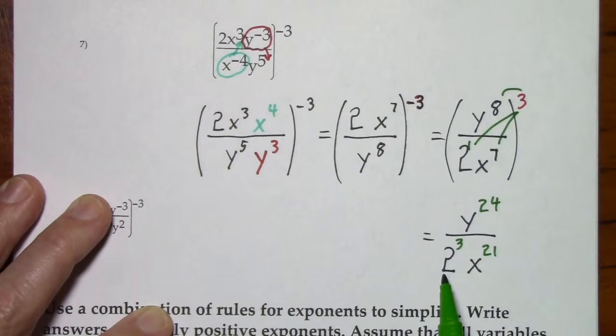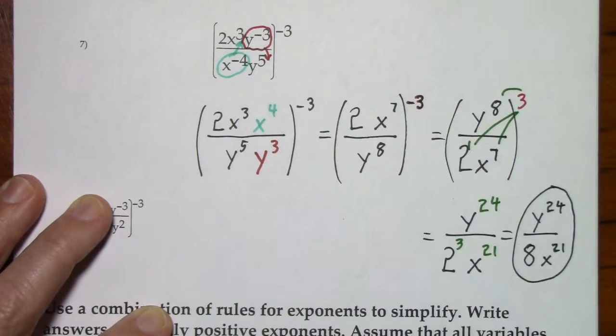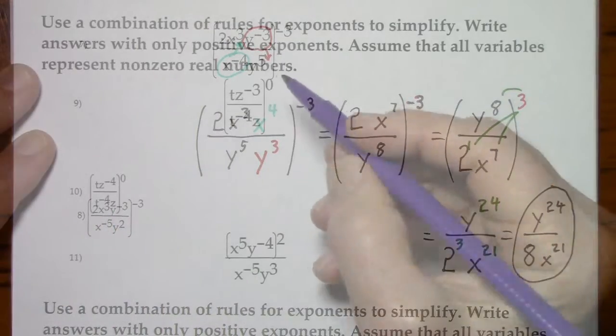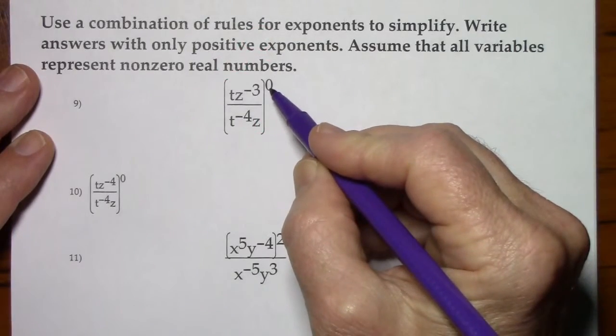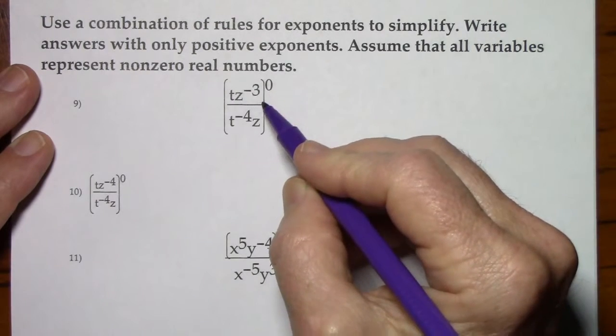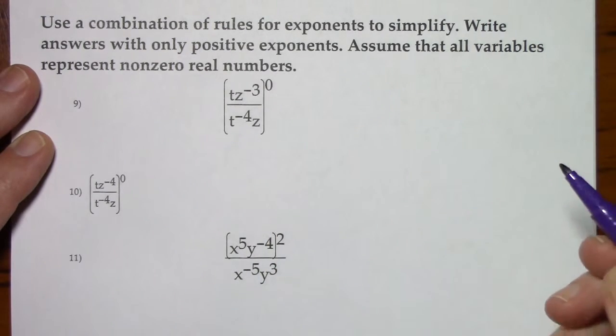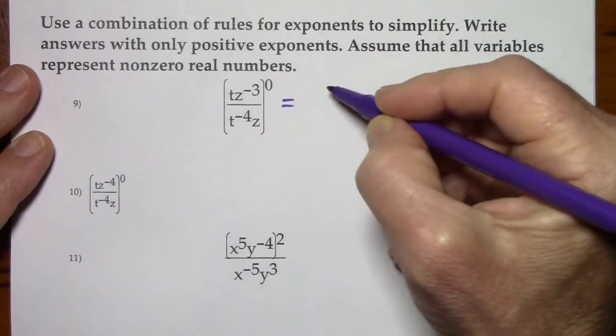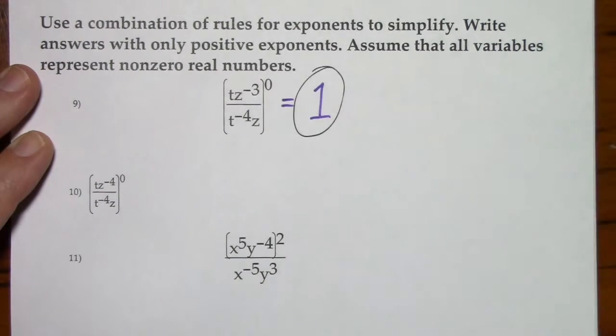And oftentimes, if you have 2 to the third, you're expected to change this to an 8. Anything raised to the 0 power is 1. Since the entire set of parentheses is to the 0 power, that's the answer.